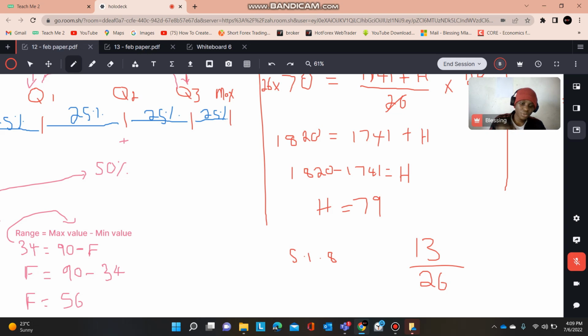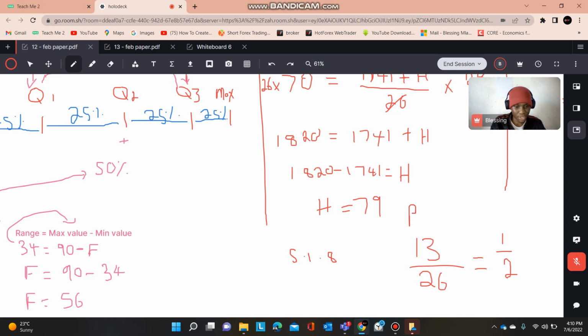So it's 13 over 26. To simplify this, you can just punch it in your calculator and say 13 over 26. If you're using a scientific calculator, you will get 1 over 2, and your 1 over 2 is your simplified probability.